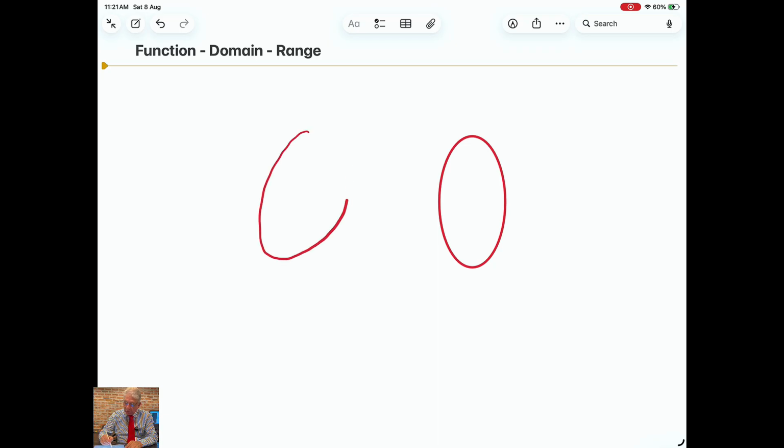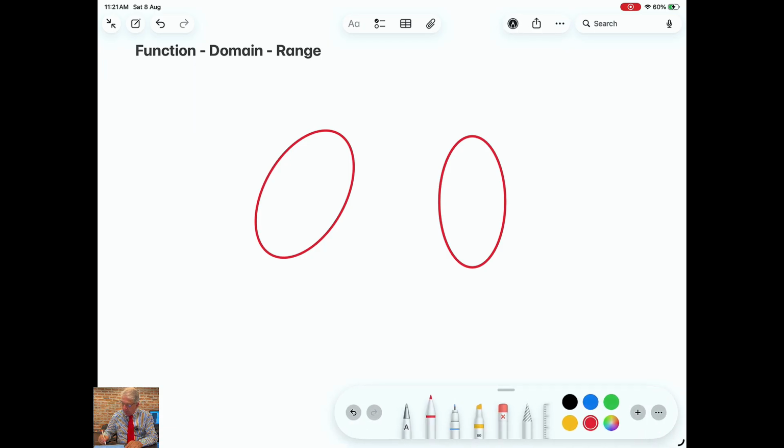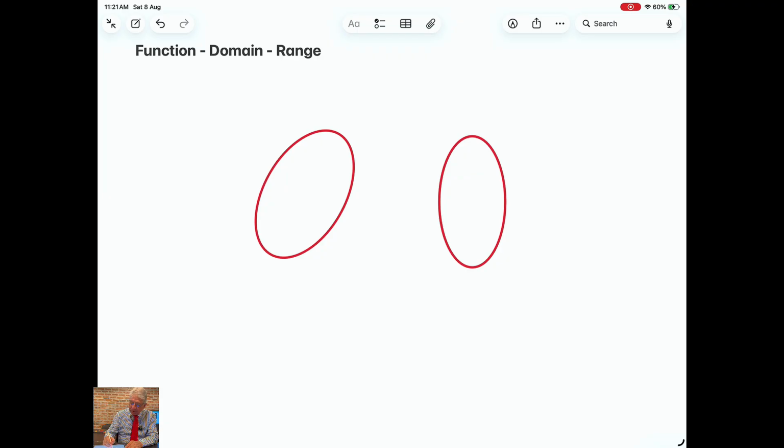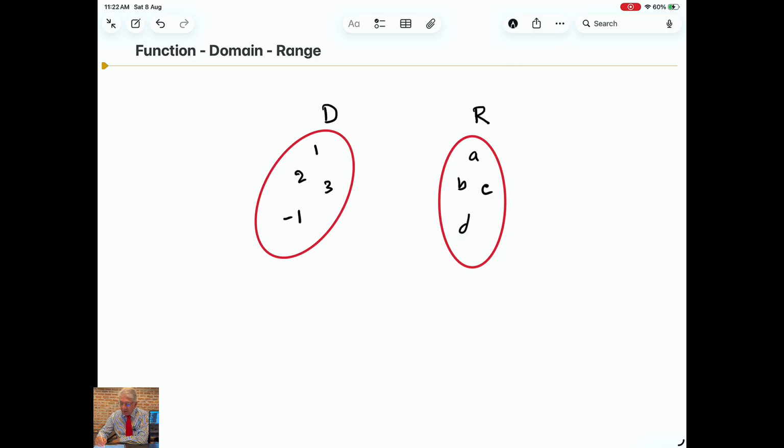Therefore, there are elements in the set domain, suppose 1, 2, 3, -1, something like that. And range can be anything, for example, A, B, C, D, E.